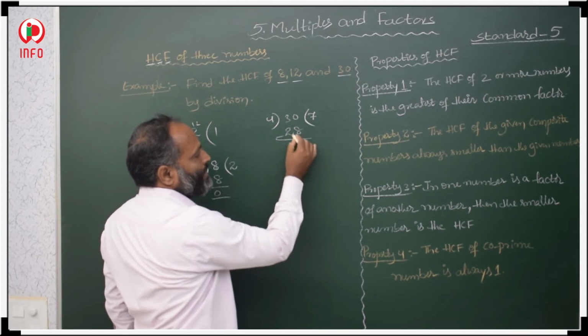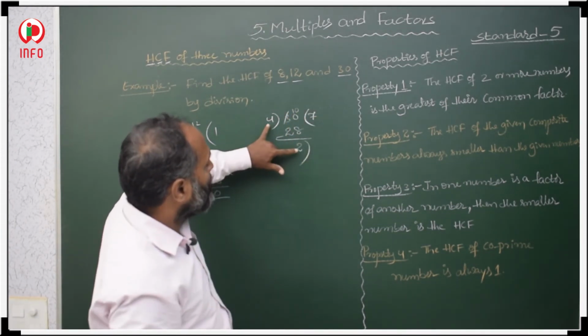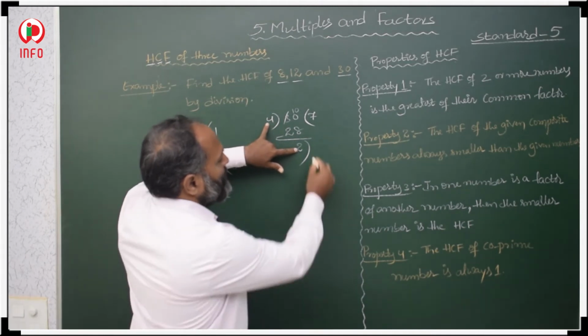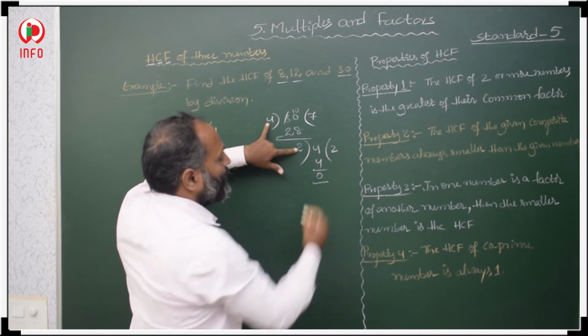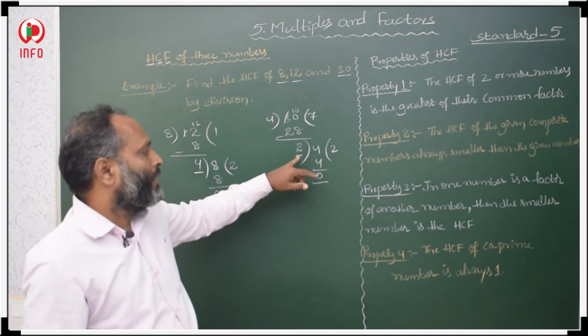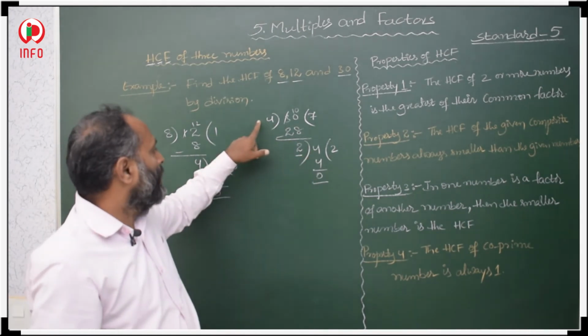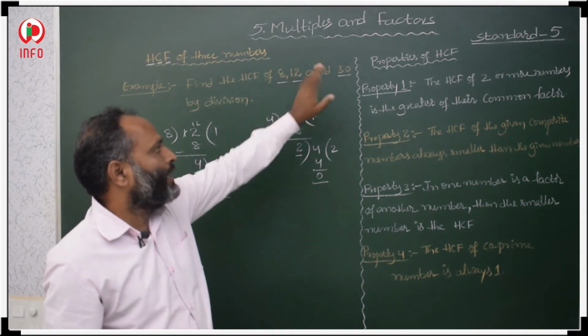Then 30 minus 28 is 2. Then the remainder divides the divisor 4. 2 twos are 4. At last this 2 divides perfectly. So 2 is the HCF of 8, 12 and 30.